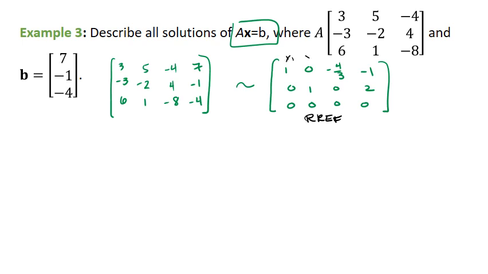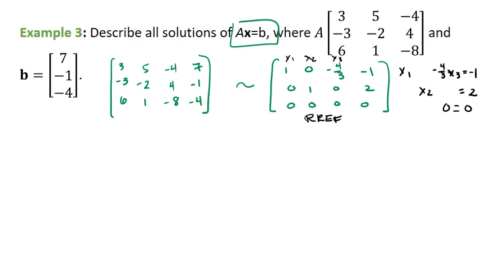So x1, x2, x3. When I write this, this is x1 minus 4/3 x3 is equal to -1. Here, x2 is equal to 2. And then in my last row, I'll just say 0 equals 0.